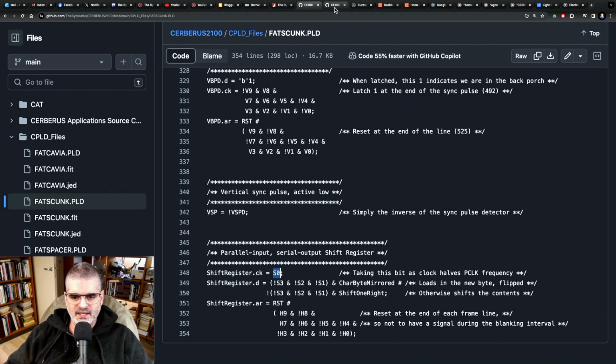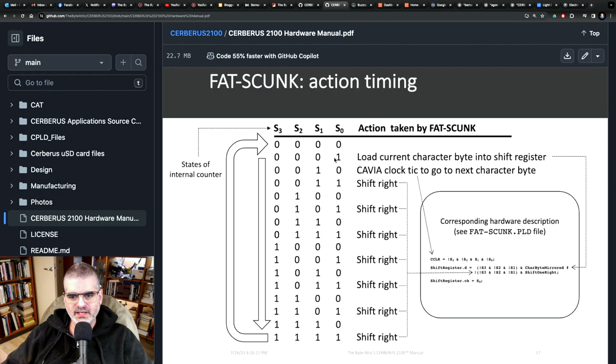So when do we get a clock in the shift register? Only when S0 is 1, when it goes from 0 to 1. So this is a clock tick, this is a clock tick, this is a clock tick. When S0 is 0, nothing happens, because the shift register is not being clocked. Now, if you look at the equations, the cavia clock is when S1 is 1.